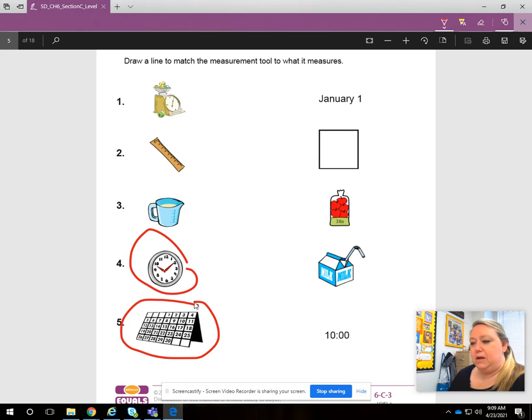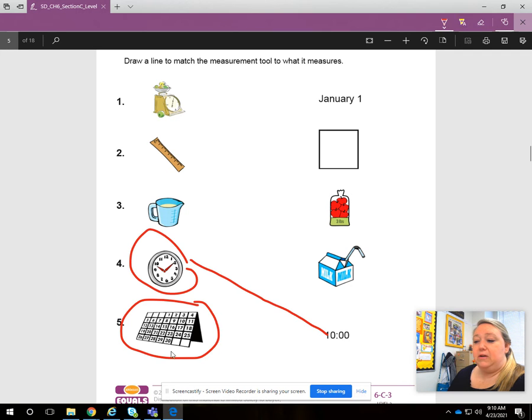But in a way, they are measurement tools because one of them measures time. So I can put a line down here to this time because it can tell me that it's 10 o'clock. And it will measure time as the second hand goes around. So it's measuring how much time has passed, what time it is, etc.